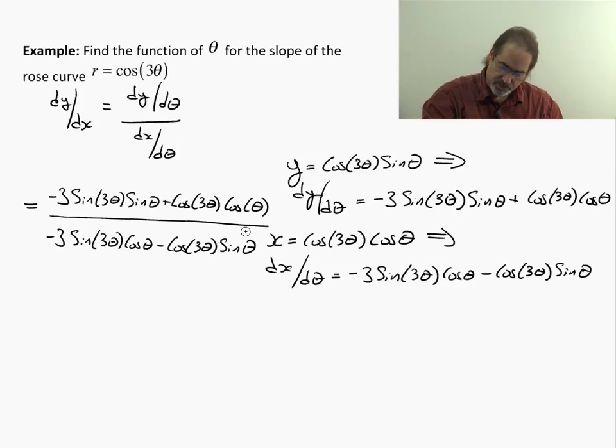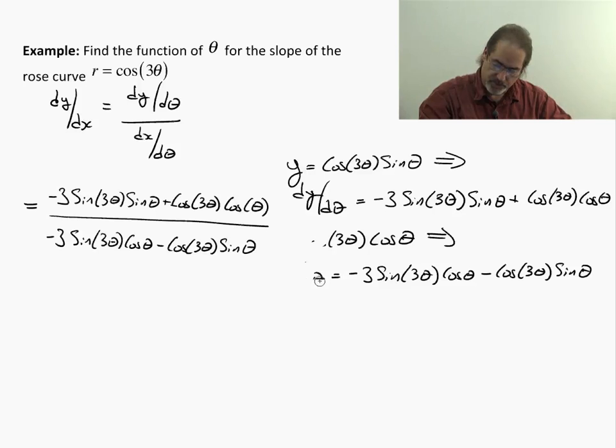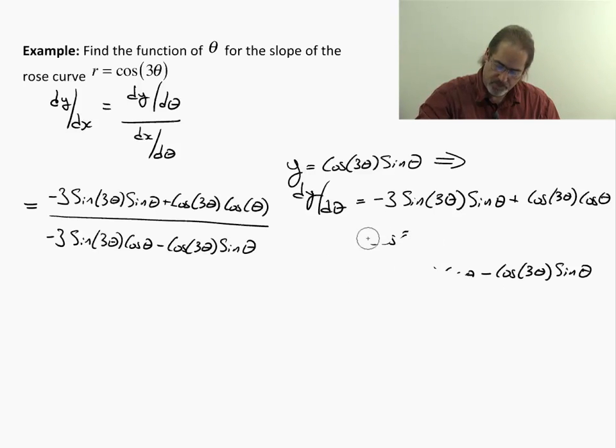Now I'm going to erase a little bit of this so I have room to finish this up. Make my eraser a little bit bigger. There we go. That's good. Okay, even though all it asks for is the function of theta, there it is.